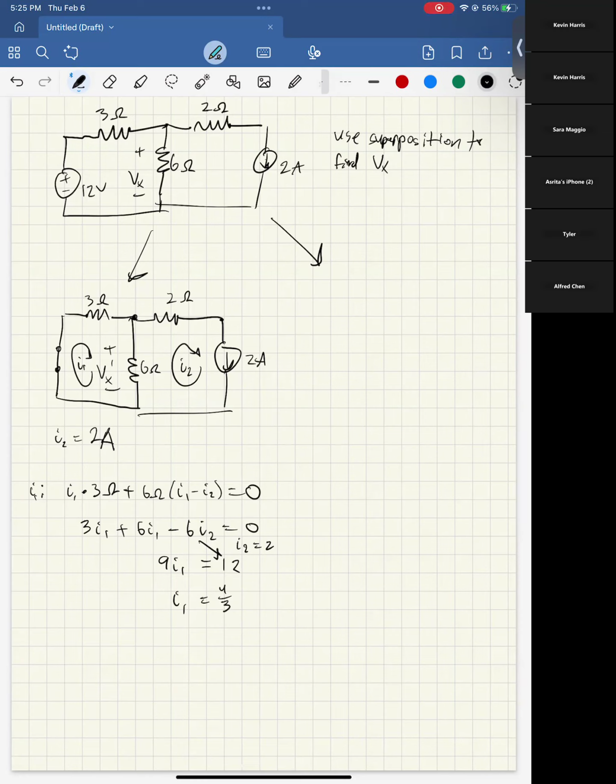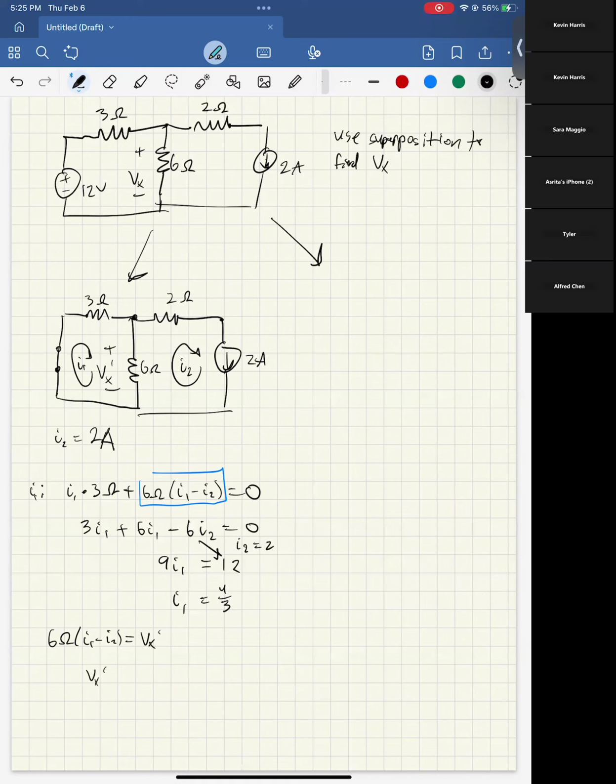And then if we want to find this Vx, the voltage through that 6 ohm resistor, we already said here. This current direction agrees with this voltage drop, having I1 be positive. So we just take this again: 6 ohms times (I1 minus I2) equals Vx prime.